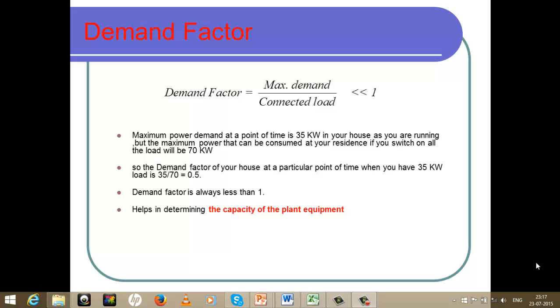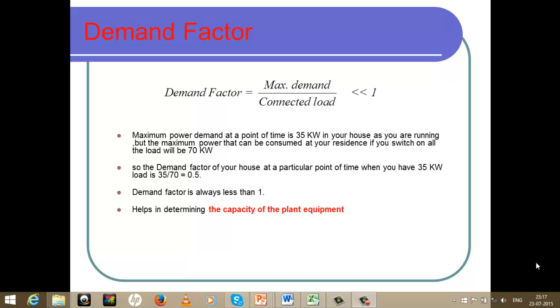There may be a chance, but most of the time we can't say the maximum demand is equal to the connected load. Connected load is nothing but all the loads that are available in that particular connection, and it's not mandatory that you have to switch on all the load. So this is the difference between your maximum demand and connected load.